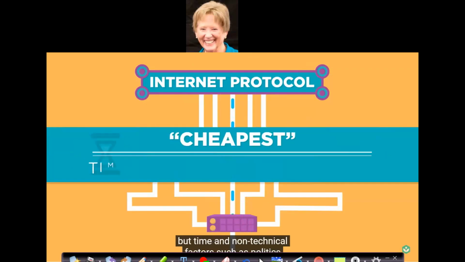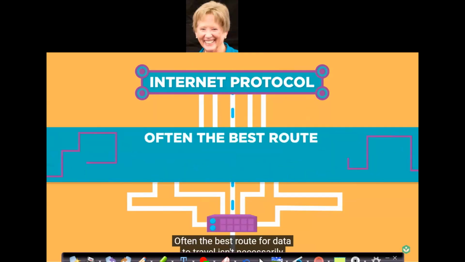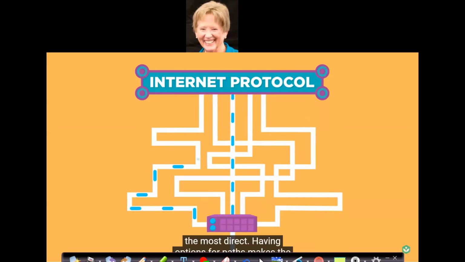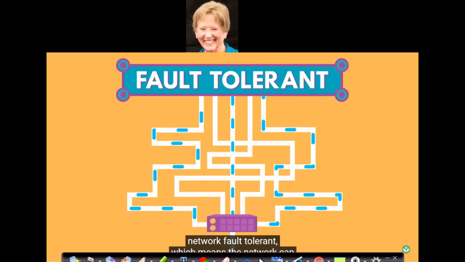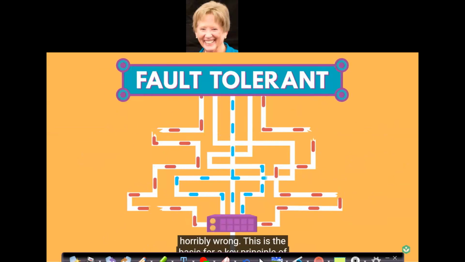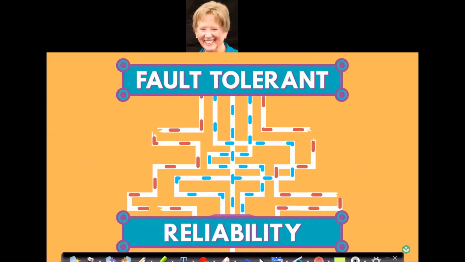Cheapest in this case doesn't mean cost, but time and non-technical factors such as politics and relationships between companies. Often the best route for data to travel isn't necessarily the most direct. Having options for paths makes the network fault tolerant, which means the network can keep sending packets even if something goes horribly, horribly wrong. This is the basis for a key principle of the internet, reliability.